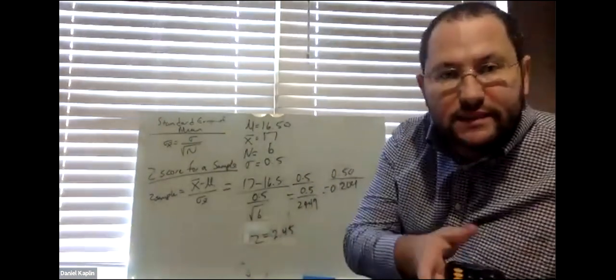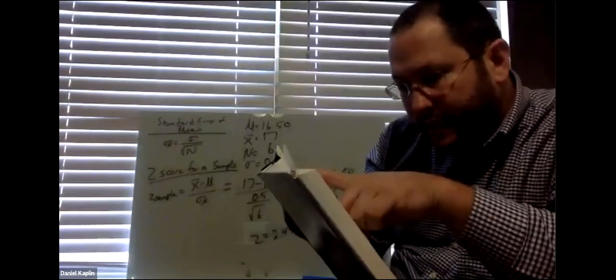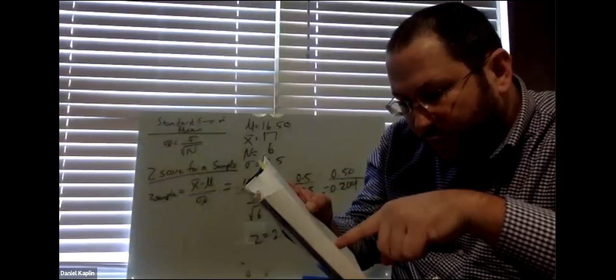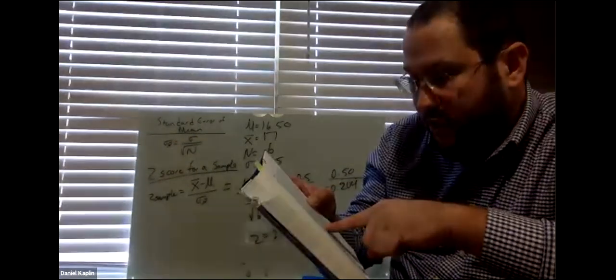So that calculates the z-score for a sample. But as we keep saying, you still have to use your z-score table. So I have to go to the back of the book and find 2.45. I go down to 2.4, across to 5, and it's 49.29. That's where that is, if you look at it.